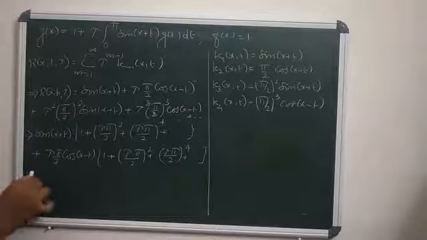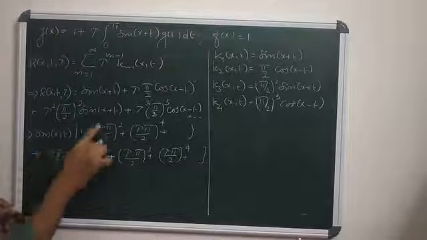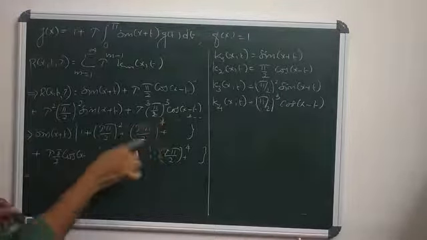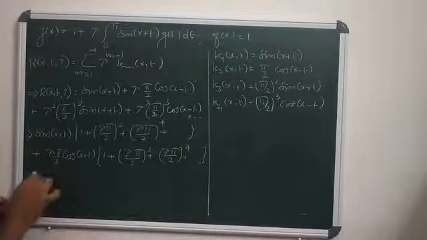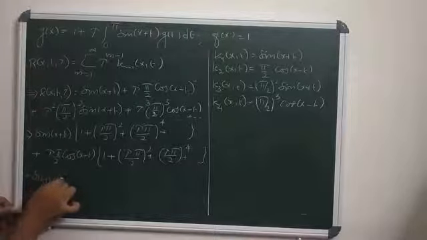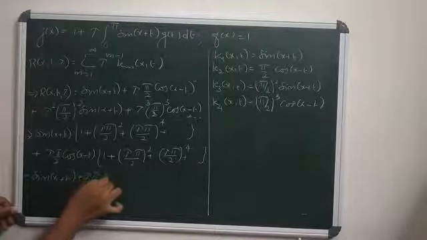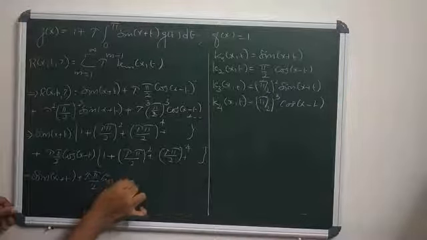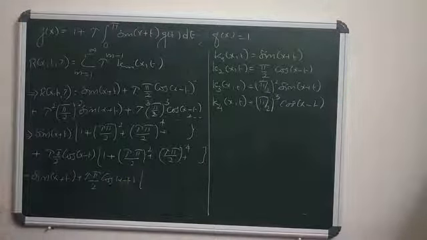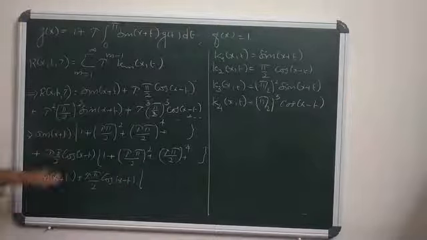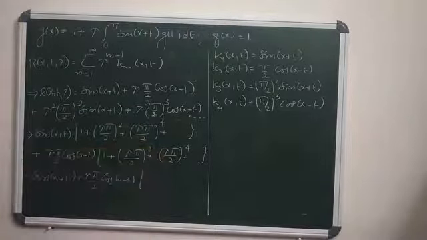So the terms involving these two brackets are the same. So it is sin(x+t) plus λπ/2 cos(x−t) into what remains, which is 1 plus (λπ/2)² plus etc. Consider the term inside this square bracket.